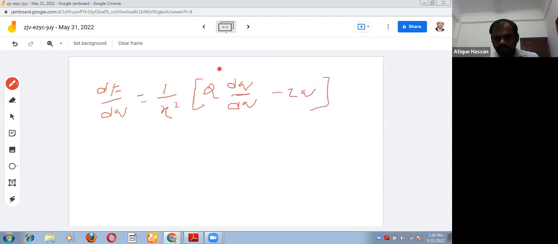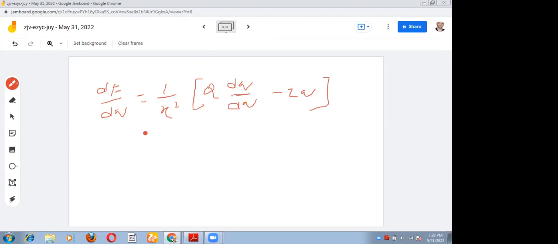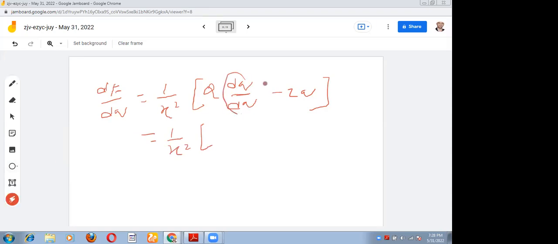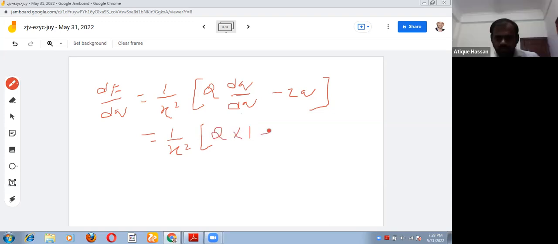Right? This expression we got. Yes. 1 by x squared is a constant, it is outside. So what is the value of this differentiation dq by dq? It is 1. Correct? Its value is 1. It is Q into 1 minus 2q.